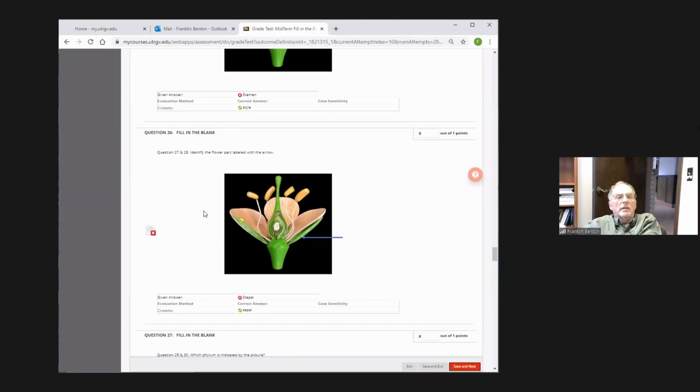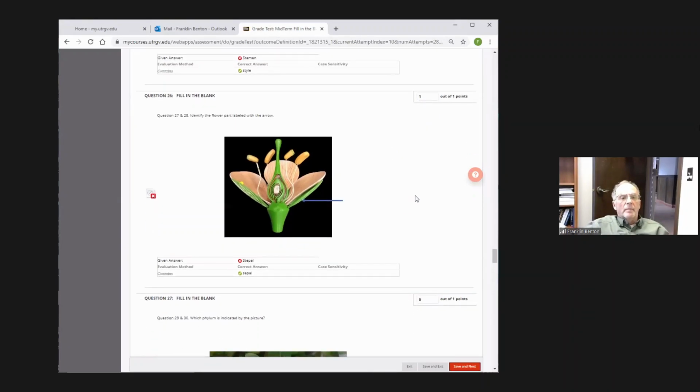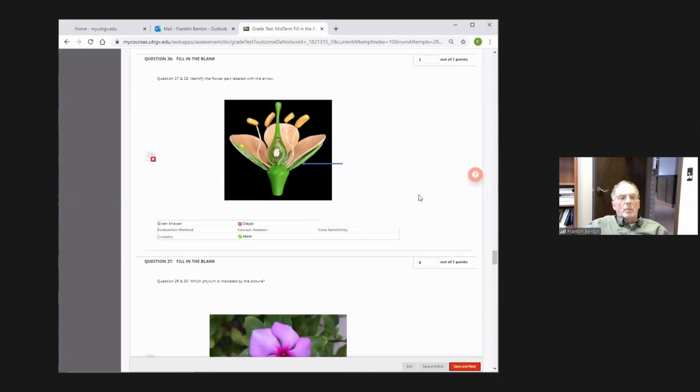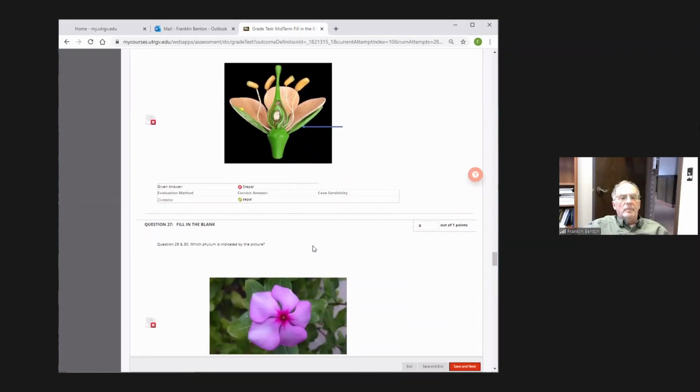Now see here on this one, identify the flower part. It's pointing to the steeple, but how did the person write it? Steeple. So I'm going to have to give that one credit. I'm going to go through and check these.